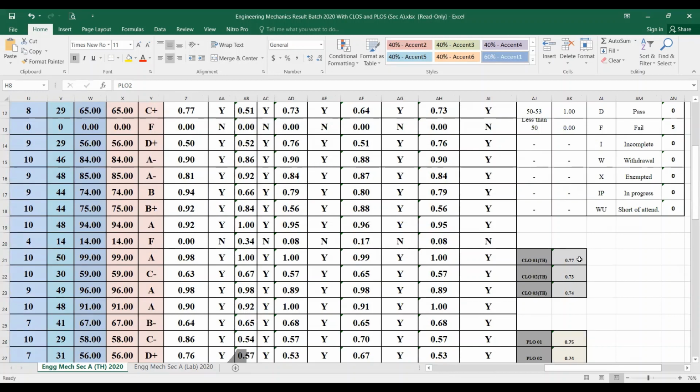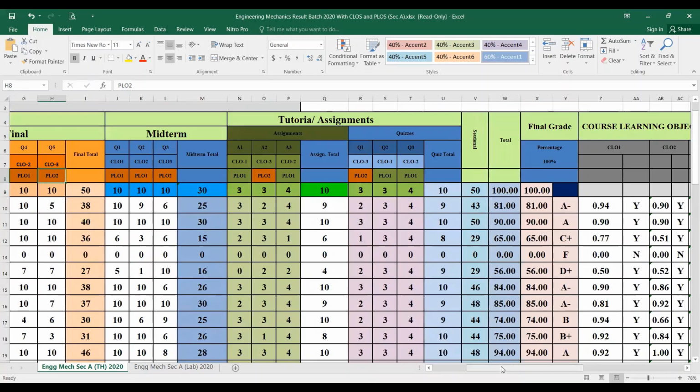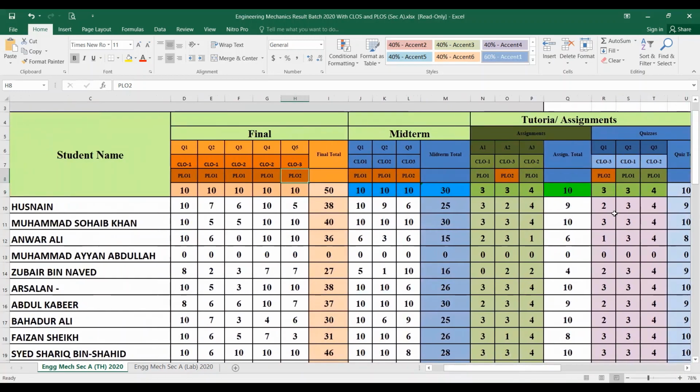So what does it mean? You have to revise the CLO. But you must also educate the students. For example, if someone does not attempt the assignment of CLO1, let me color it yellow. He or she did not attempt assignment number 1, and that belongs to CLO1.